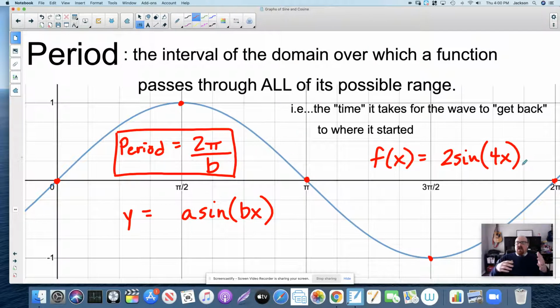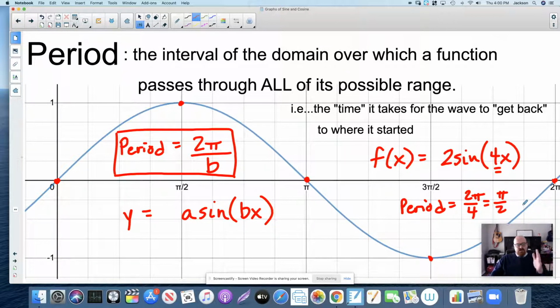When I multiply x by 4 inside the parentheses, that's a horizontal transformation, and it's always opposites day. So when we're multiplying, we're stretching and shrinking. If it's a big number and it's inside, it's shrinking or compressing the graph. Okay, so if b in this case is 4, the period of the wave would be 2 pi over 4, which is pi over 2.